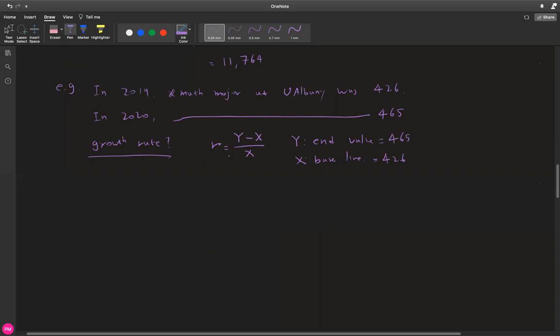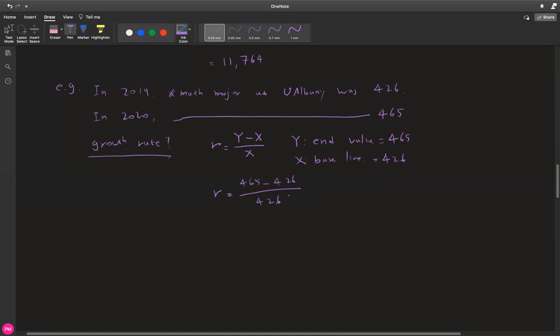Then you can plug it into this formula: the end value 465 minus the baseline, which is 426, and you're dividing everything by 426. When you're plugging this into the calculator, make sure you do the numerator first, because there's a negative in there and you do not want to confuse the system.